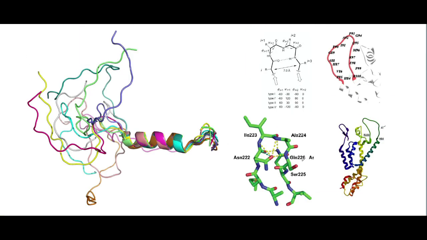And then sort of other structures that we need to think about. I mean, the most obvious one is this, which is called intrinsically disordered.